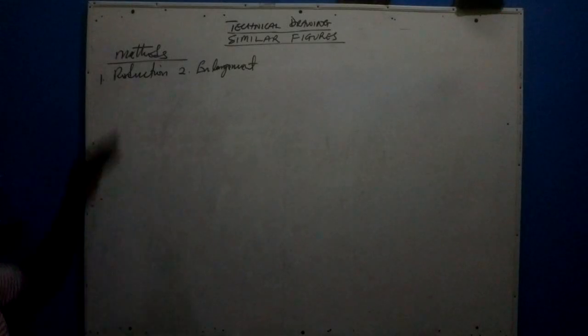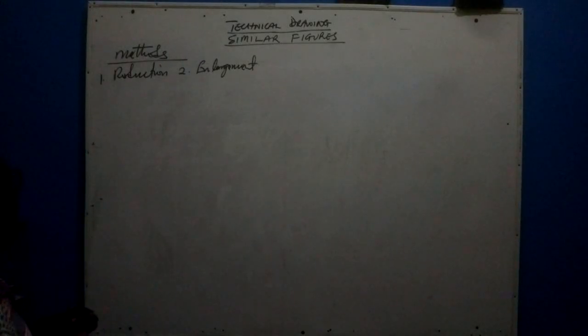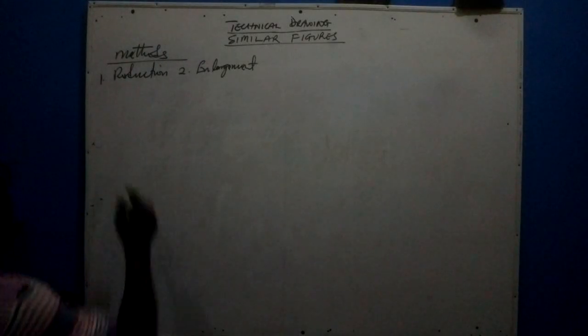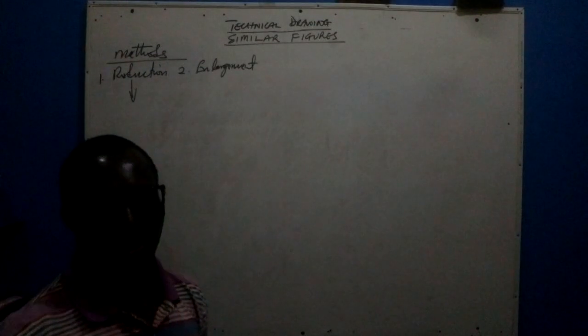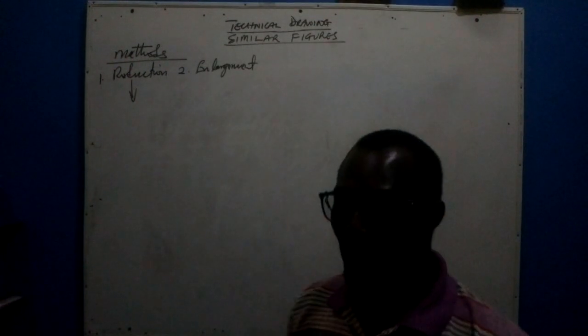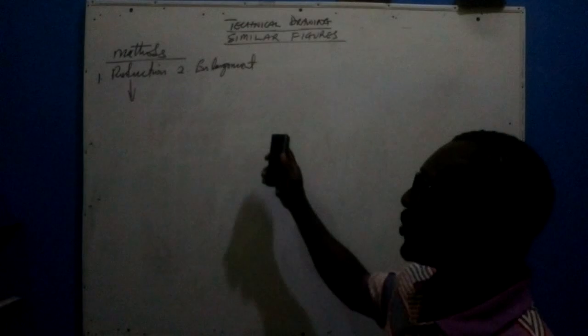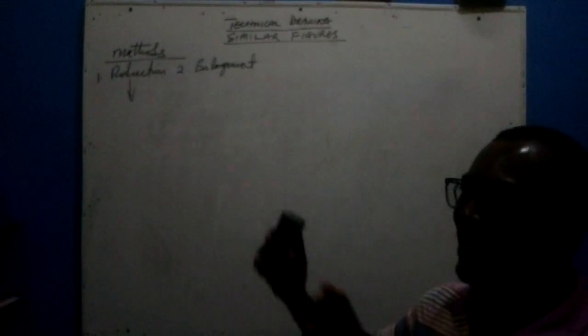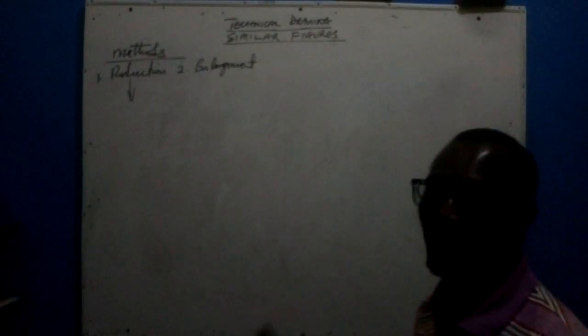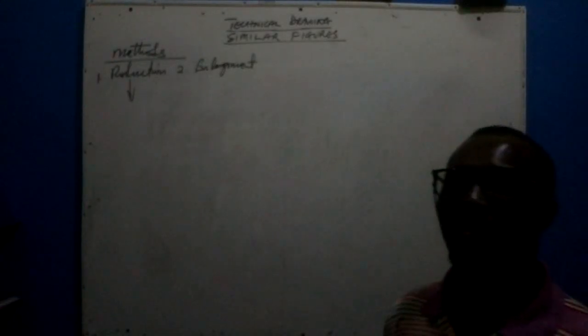Let's look at reduction. We are starting with reduction. When we talk about reduction, we are talking about figures which look alike, which have the same shape, but they are smaller in size when you compare to the actual figure being given to you, or they have been reduced to the smaller size.